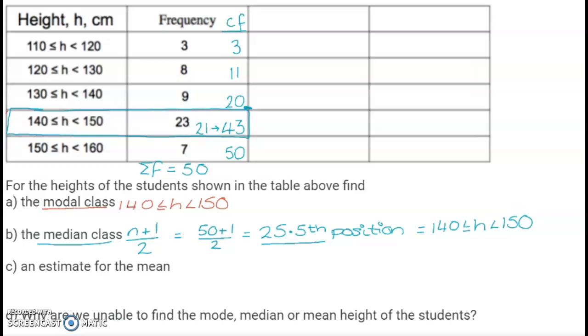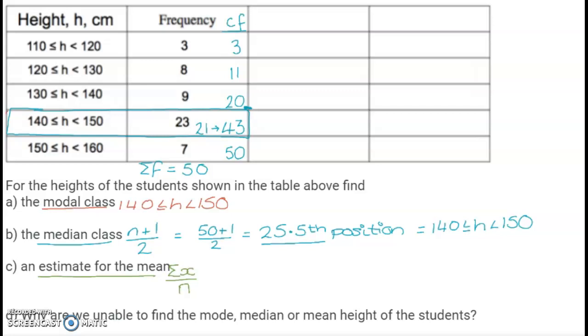To work out an estimate for the mean, I need to use the formula: add all the values together, sum of x, and divide by how many values there are, n. In this table, I do not know what each of my 50 values is. In my first row, I have 3 values, but all I know about them is that they are in between 110 and 120.